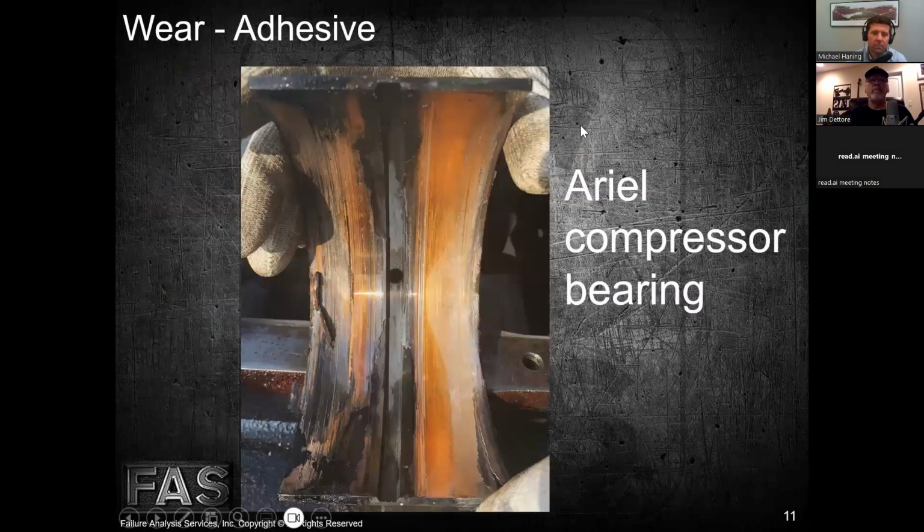All right. So here we've got some compressor bearings that have also been wiped, or extreme amounts of adhesive wear. I think last week we saw some examples of some bearings that weren't as heavily damaged, right? So several things can cause this.